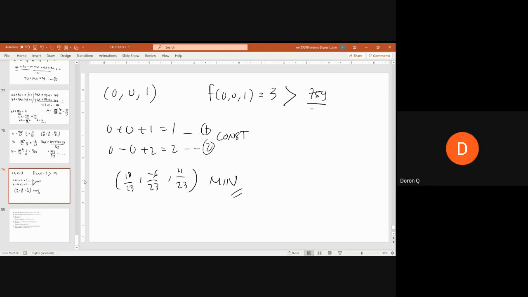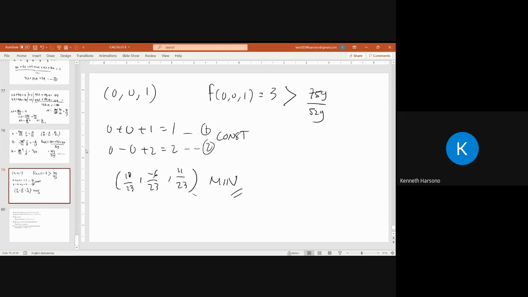So 0, 0, 1 is just for checking our points here, to see if it's a minimum or maximum. Okay, so you can also plug in 0, 0, 2? But 0, 0, 2 doesn't satisfy the constraint here.